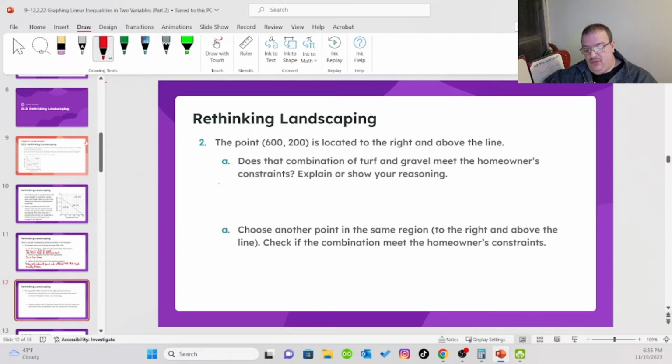So that would be 3 times 600 plus 15 times 200. 3 times 600 is 1,800. 15 times 200 is 3,000. And 1,800 plus 3,000 equals 4,800. This is more than the budget, so it does not meet the constraints.